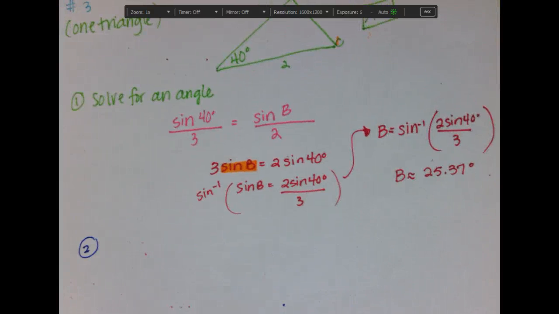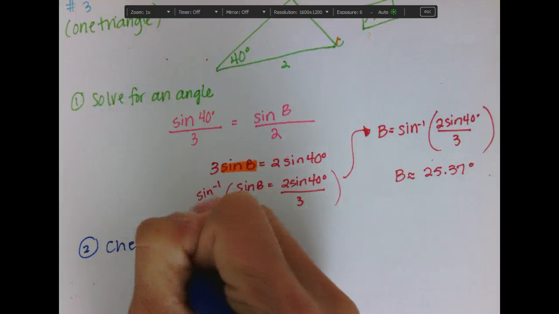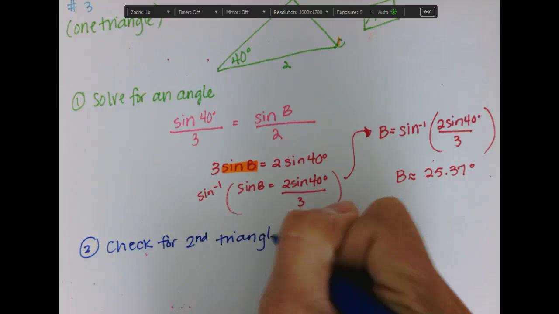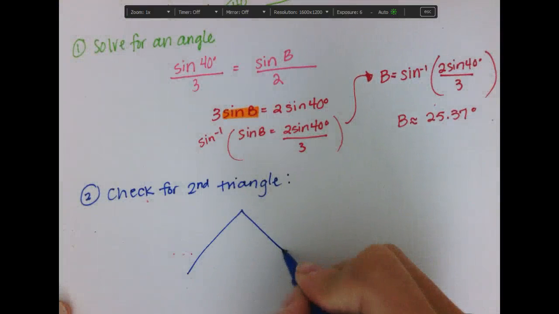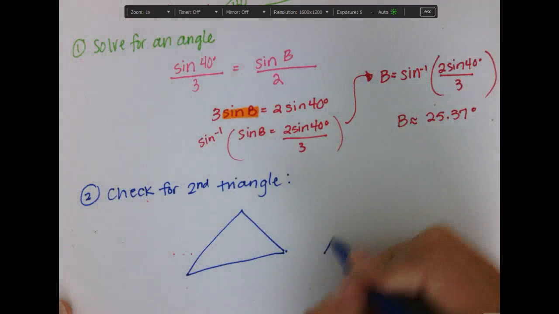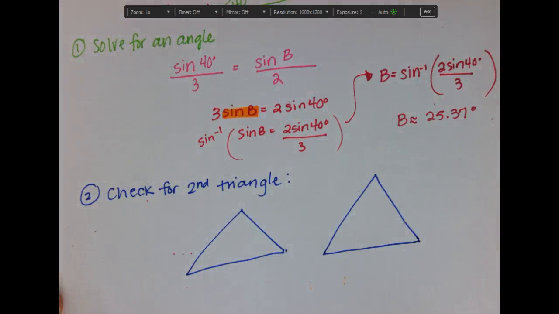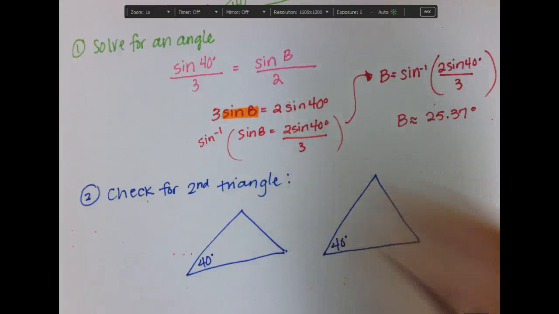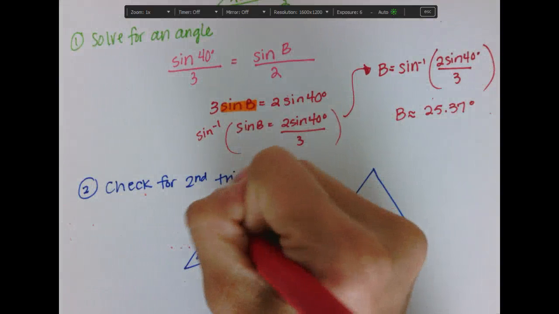Let's check for multiple triangles. The way that we're going to check is to see if, given the two angles that we have, they really create a third angle for this triangle. We've got a 40 degree angle in either scenario. The angle we just solved for was B, 25.37 degrees.